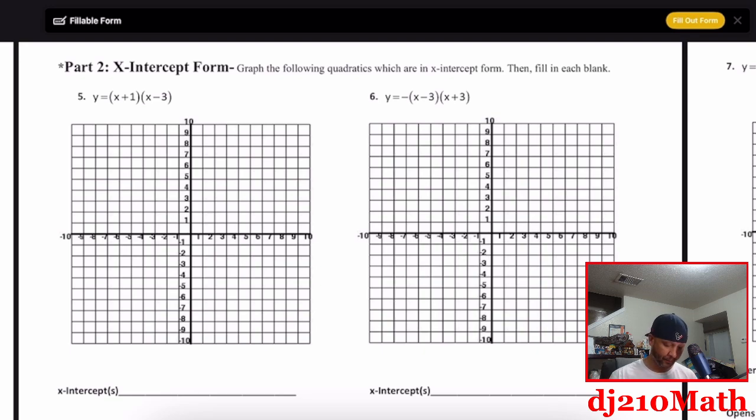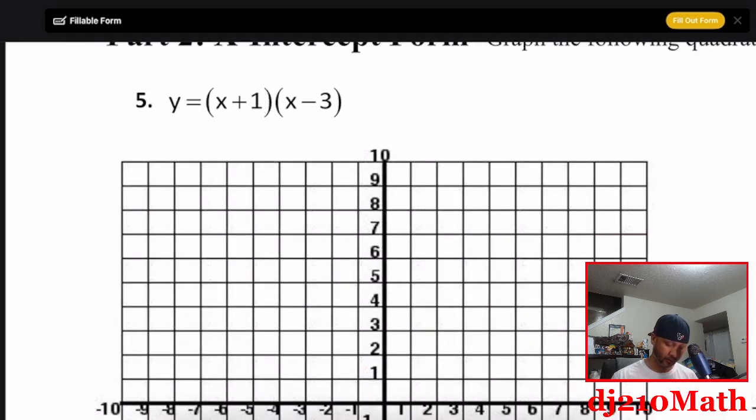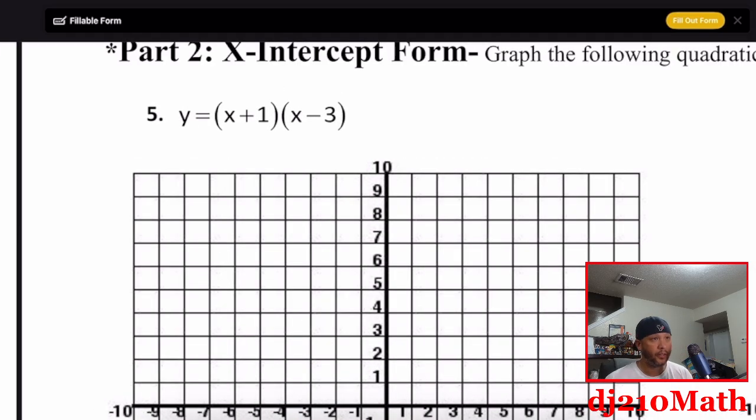Okay. Intercept form. So when we're given an intercept form, the information that should be obvious just from looking are, one, that it opens up because the a value is 1. So I know it's positive. So this thing's going to open up. Not only that, but I know that the roots are going to be x equals negative 1 and x equals positive 3.